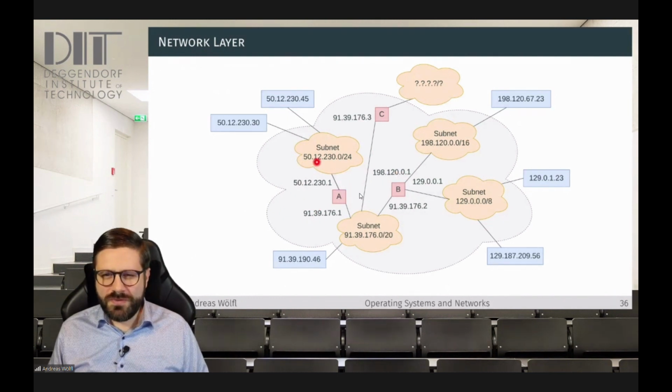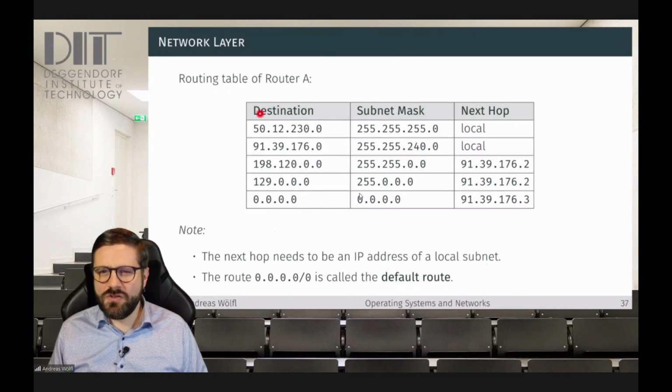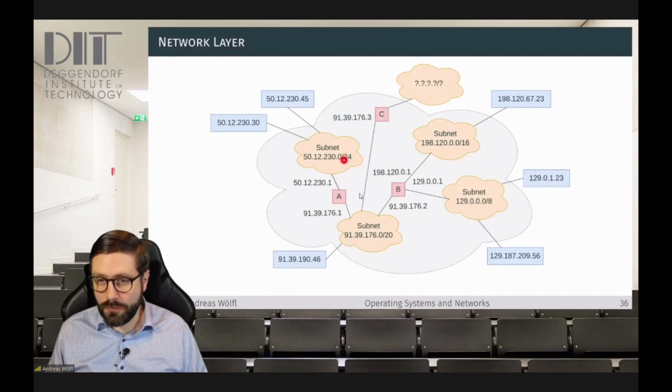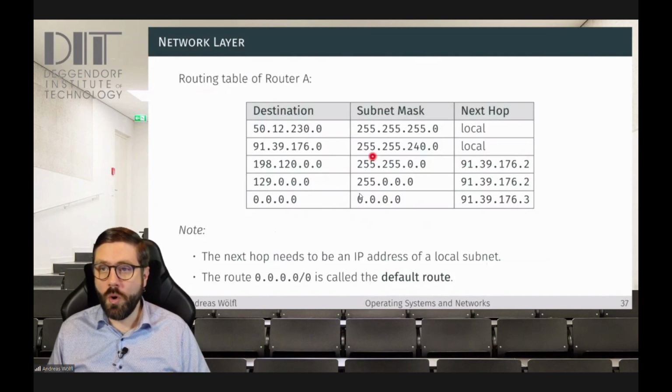The 50.12.230.0/24 translates to a subnet mask of 255.255.255.0, because the first 24 bits, meaning the first 3 octets of the subnet mask, are ones. And the value for the destination is the network address of the subnet.